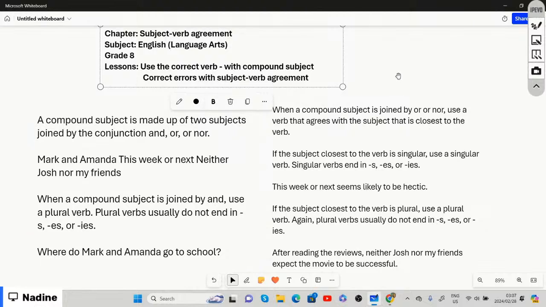And the lessons that we're going to be focusing on under the chapter of subject verb agreement are to use the correct verb with compound subjects, and to correct errors with subject verb agreement.